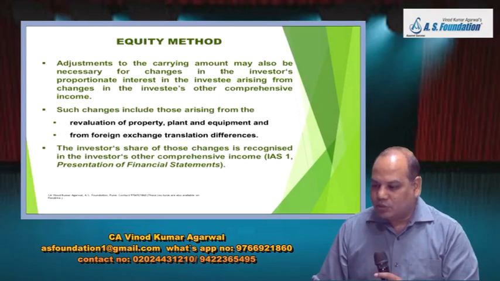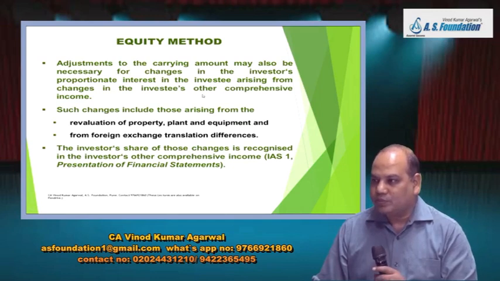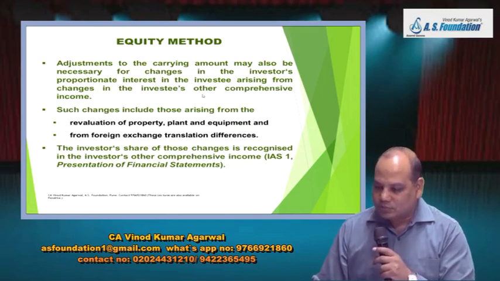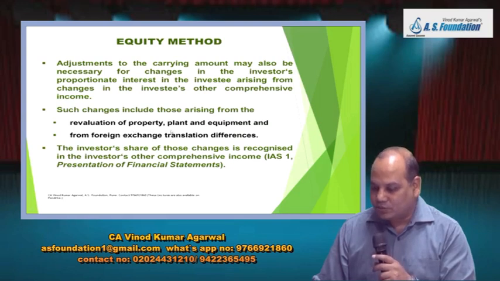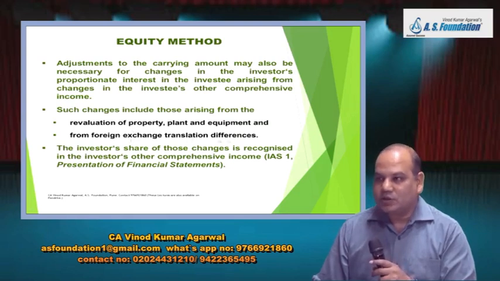Adjustment to the carrying amount may also be necessary for changes in the investor's proportionate interest in the investee arising from changes in the investee's other comprehensive income. Like, for example, revaluation gain or loss on PPE, foreign exchange translation difference, and actuarial gain or loss.